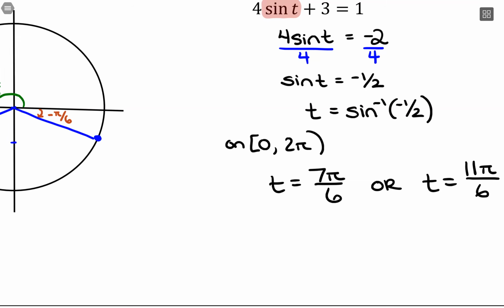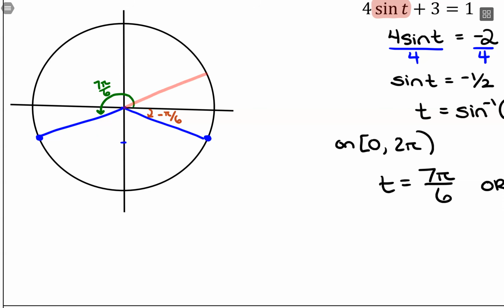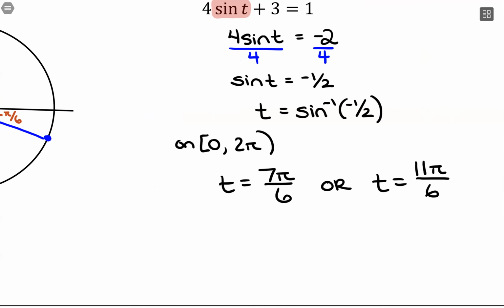And if it helps, I'm still kind of counting around the circle, so thinking 1, 2, 3, 4, 5, 6. So there's our 7, 8, 9, 10, 11. So when you hear me counting to myself, that's what I'm visualizing here as I go around the circle from when we learned the unit circle. All right, so there's our solutions from 0 to 2 pi.